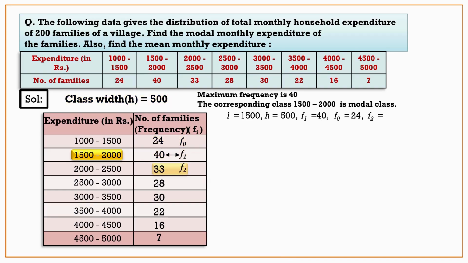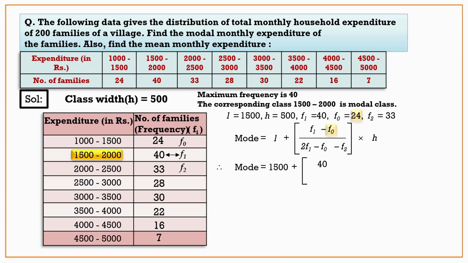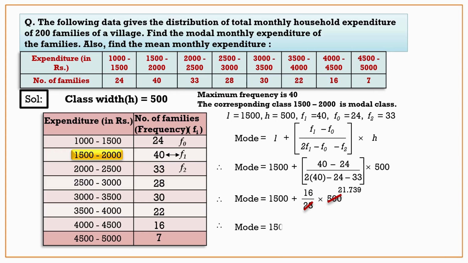Now put all these values in the mode formula, that is l plus f1 minus f0 by 2f1 minus f0 minus f2 into h. So now let's calculate it. It is coming approximately 1847.83 rupees. That is the mode expenditure.